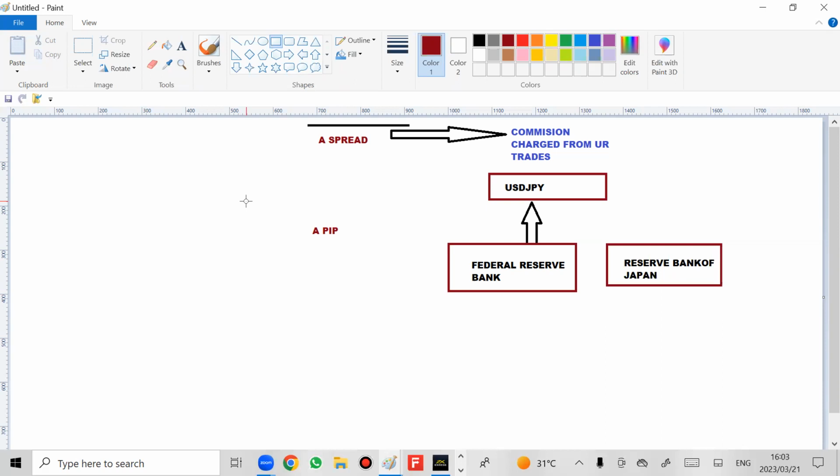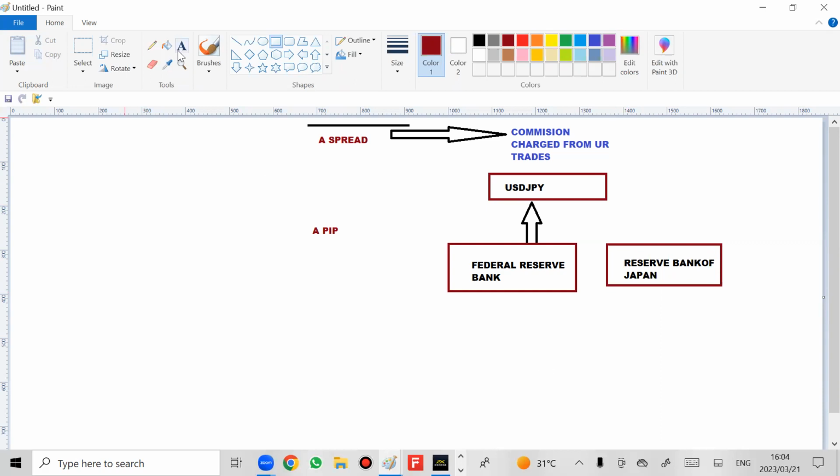In order for us to be able to trade this pair, there should be a middleman, a broker, to help us trade together with the banks.